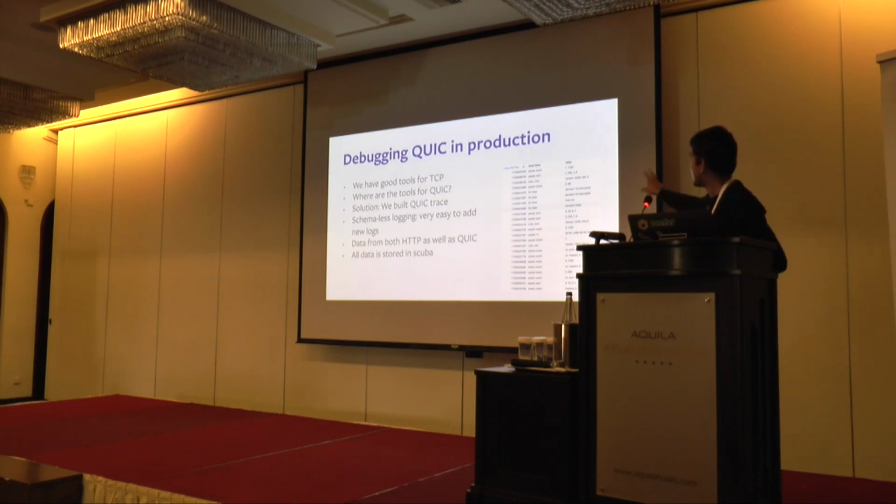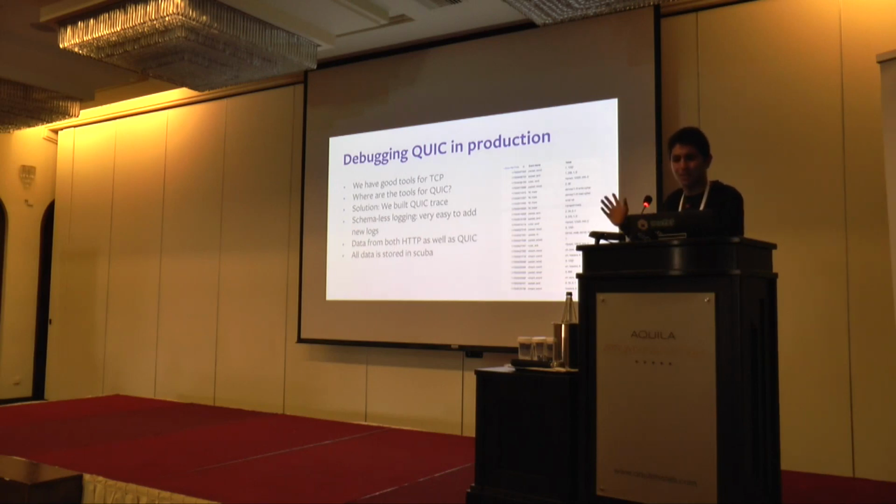For example, on the right you can see a blur of what the QuickTrace looks like. You can see there are several events in there. You'll see cubic ACK. We're using cubic, and every time an ACK comes back, we will log it, and we'll see, hey, this is your CWIN at that time.